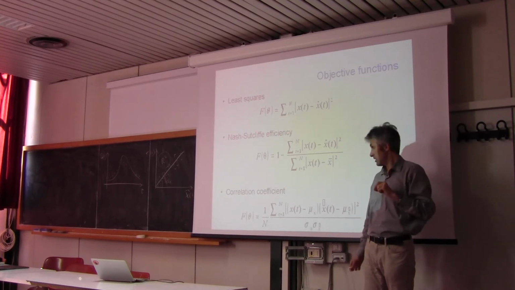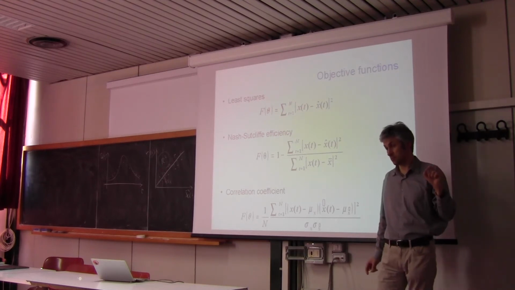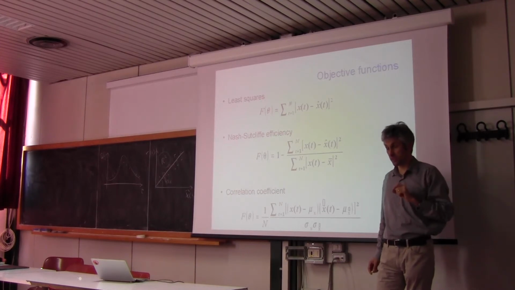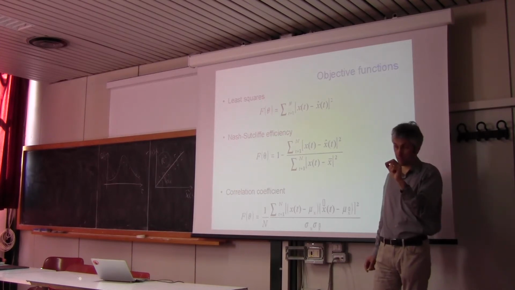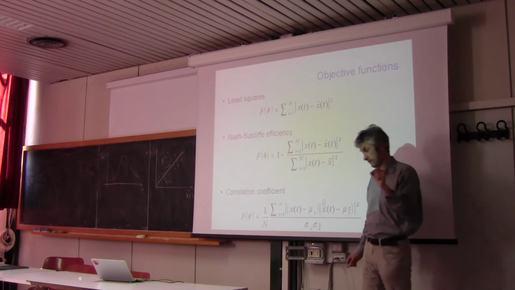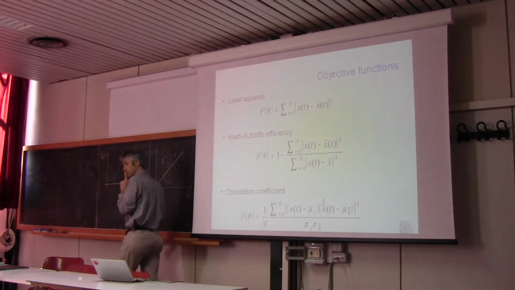And therefore, if you give more weight to the biggest errors, it means that you are focusing on floods. It means that you are optimizing the performances of your model with particular reference to floods. And this is something that we have to keep in mind.